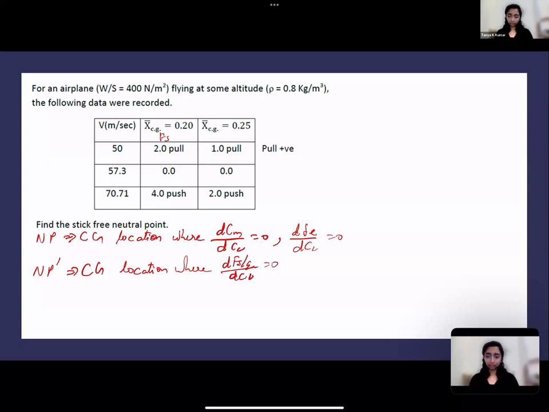Correct? Now maneuver point, stick fixed maneuver point. CG location where? What is zero at stick fixed maneuver point?